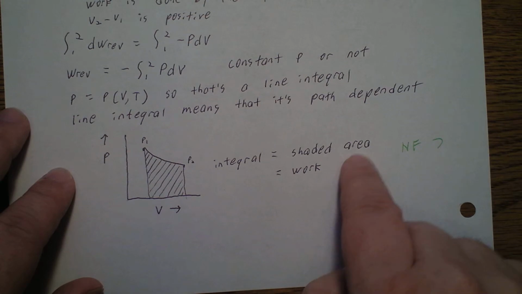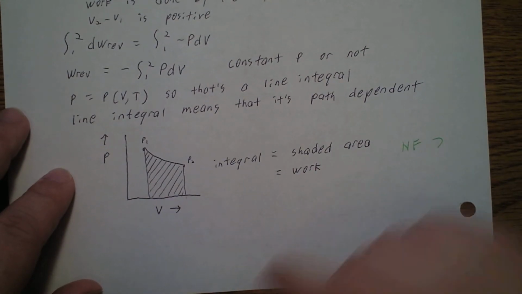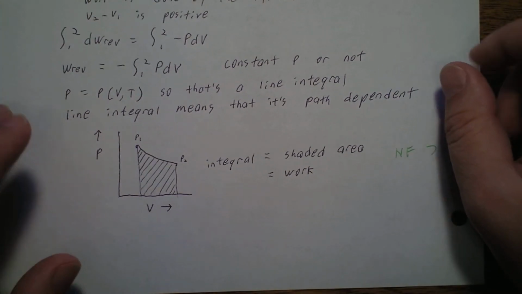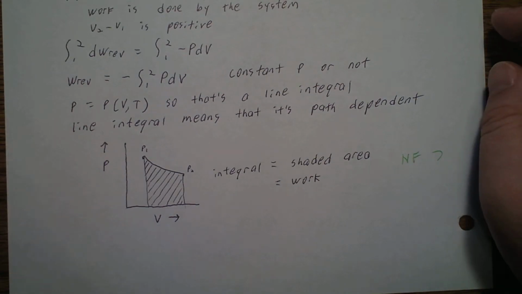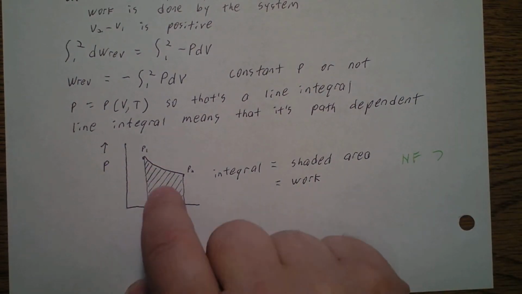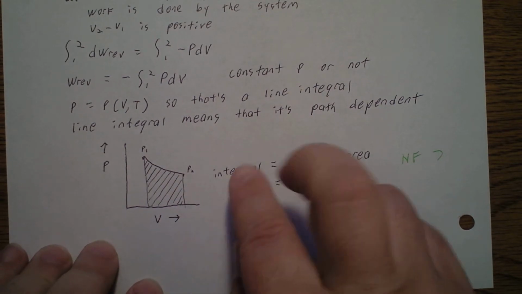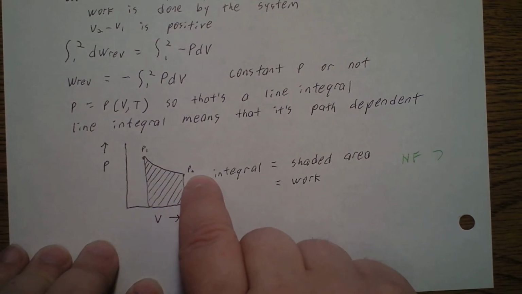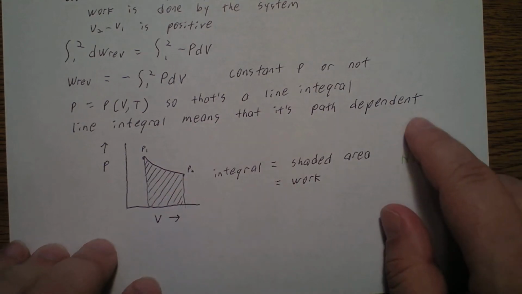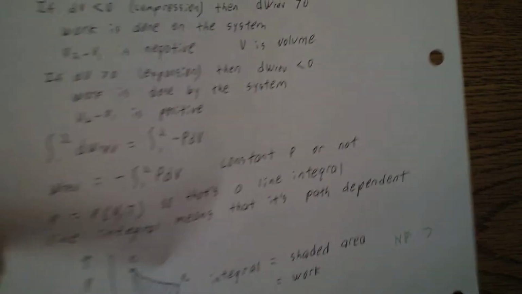That integral is the work. So when you need to find out the work done on the system or by the system, you're going to have to figure out not just your initial and final, but how it gets from here to there, so you can integrate and find that area. And then you'll know the work.